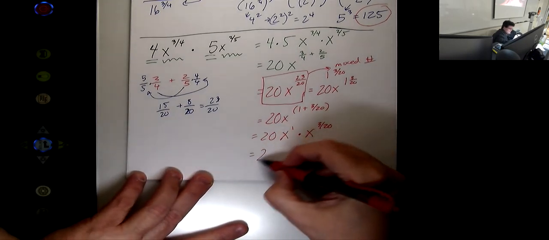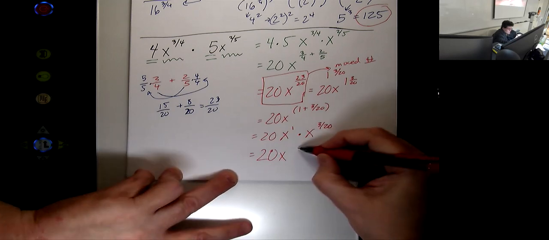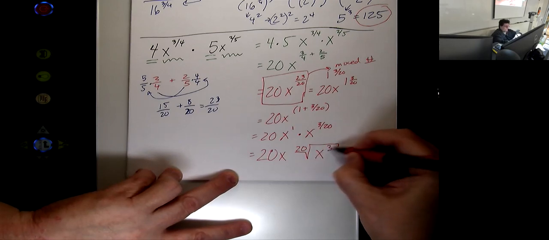And finally, I can rewrite this as a root that's got a 20 base with x cubed on the inside.